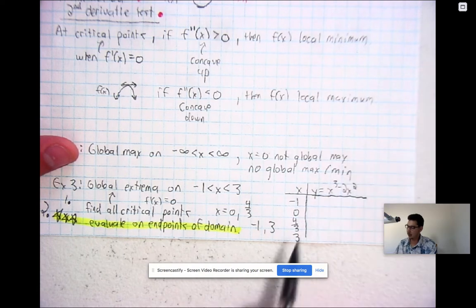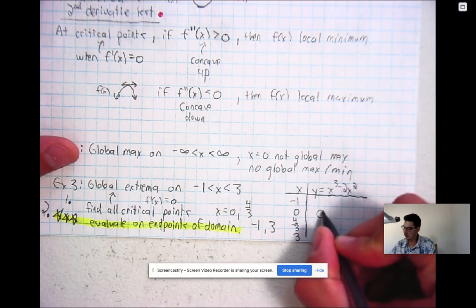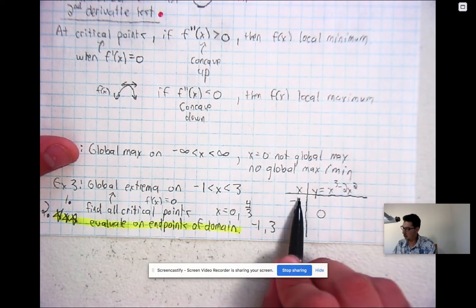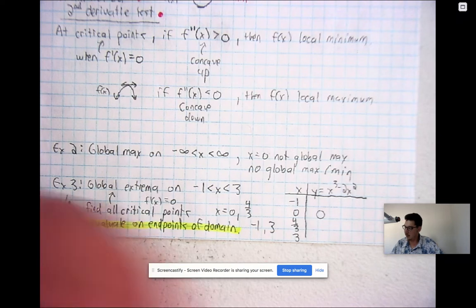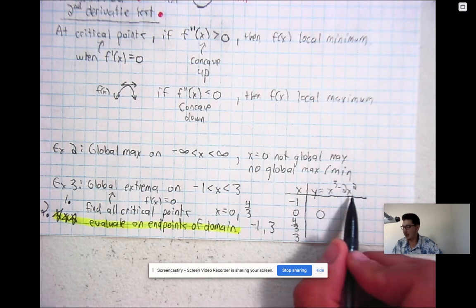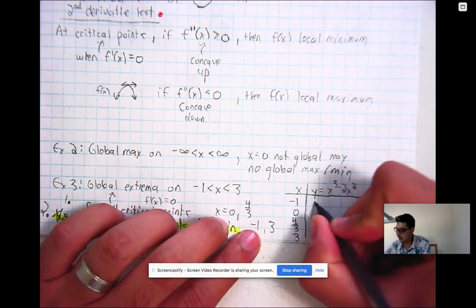Okay. So 0 and 4/3 were critical points. If we plug 0 in, we have 0. If we plug -1 in, I'm going to use my calculator or just do this, make sure my math is right. Well, -1 to the third is -1, minus 2, and then -1 squared is positive, so that's just -2. So -1 minus -2 is -3.